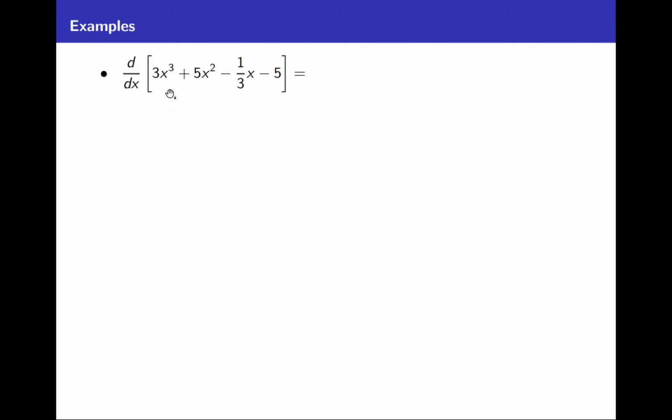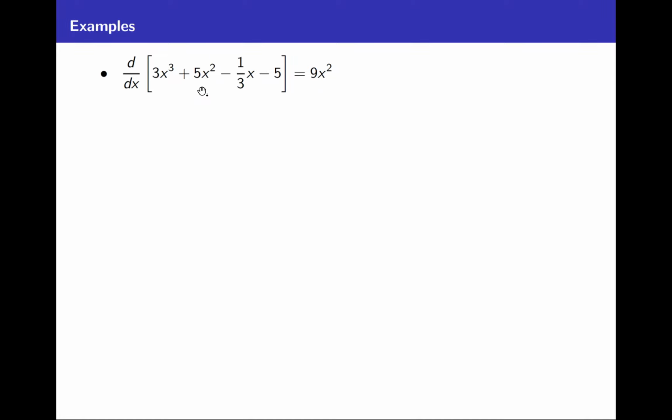So for example, d dx of 3x cubed plus 5x squared minus 1/3 x minus 5, you would typically differentiate that term by term. The derivative of 3x cubed would be 3 times the derivative of x cubed, which is 3x squared, and that gives us a 9x squared.